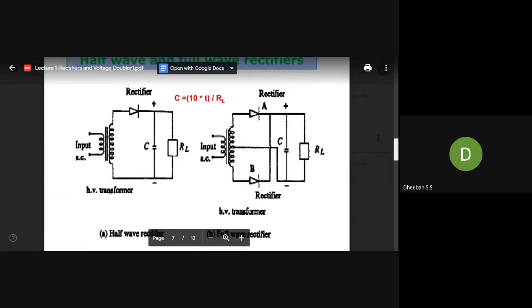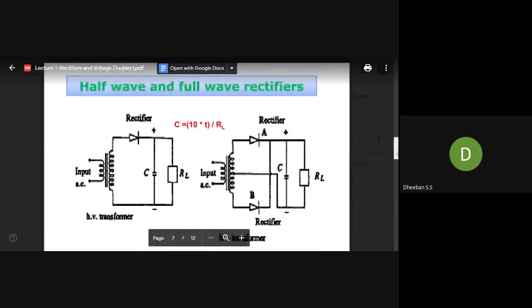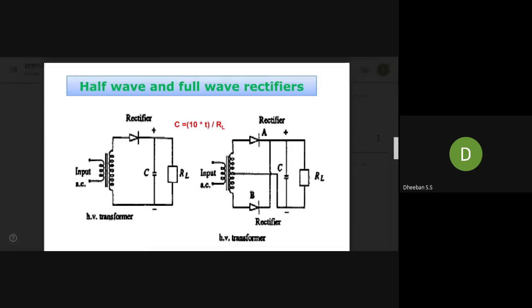Rectifiers usually convert your input AC to DC. So here we'll be making use of power thyristors or power diodes. Power diodes will be used for generation of very high DC voltage. Here we won't make use of normal thyristors or diodes, only power diodes.